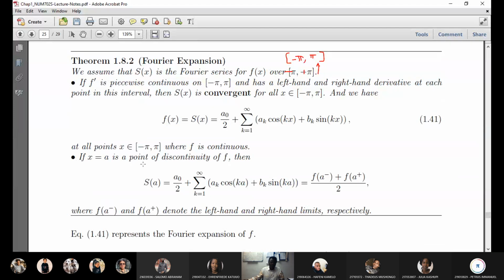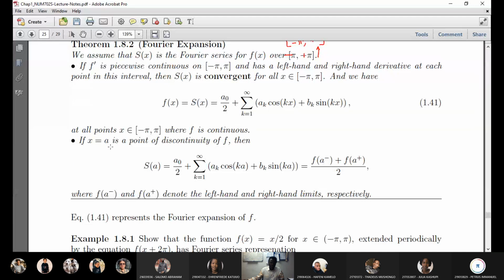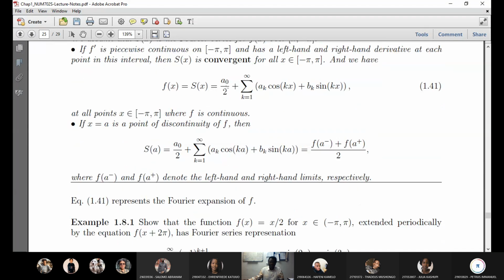Okay, now at the points of discontinuity, or the points of non-continuity, the series will not converge to f of a, but it will converge instead, because if the point is discontinuous, it means that the left and the right limits exist and they are not the same. That's why they are discontinuous. If it is continuous, these two will coincide, they will be the same.